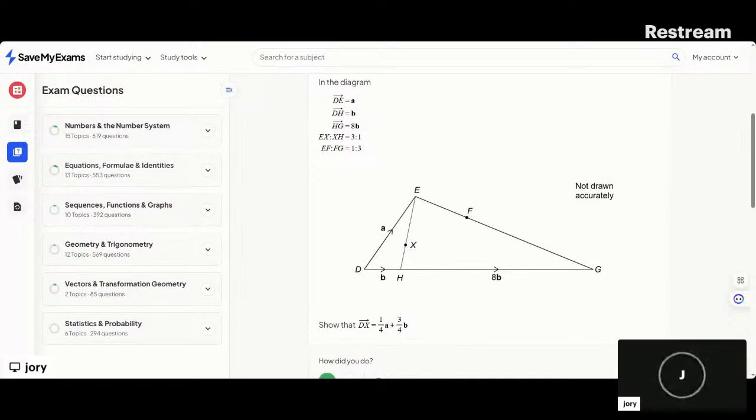Now, is DX part of DF? Yes. DX is 1/3 of DF. So we're going to write that DX equals 1/3 of DF. And DF is 3 times DX, meaning they are a straight line.